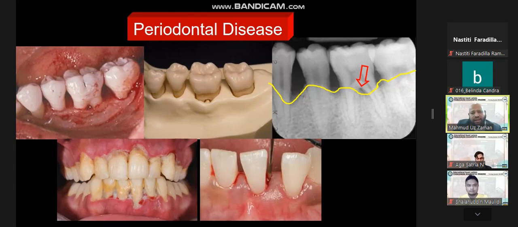If there is extensive bone loss in both jaws on one side, you may go for a vertically placed bite-wing radiograph, so that you will get the best possible view of these bone losses. But in most cases you will see generalized periodontal disease or bone losses. Then you will go for panoramic radiograph to see the whole jaw in one radiograph, so you don't need to expose the patient multiple times.